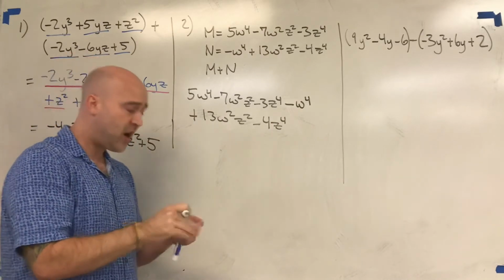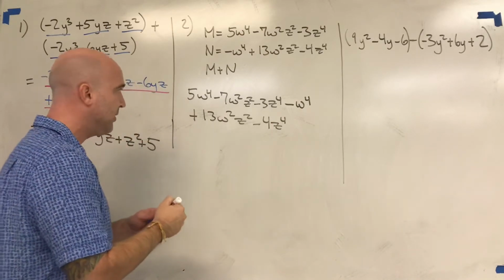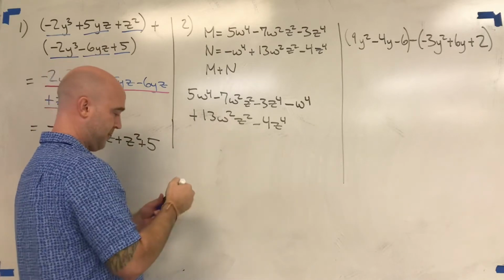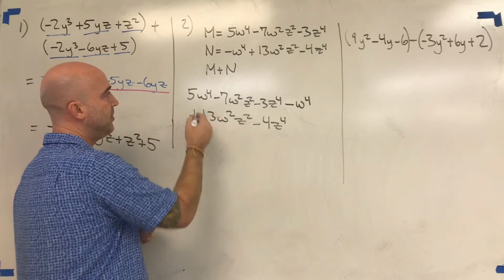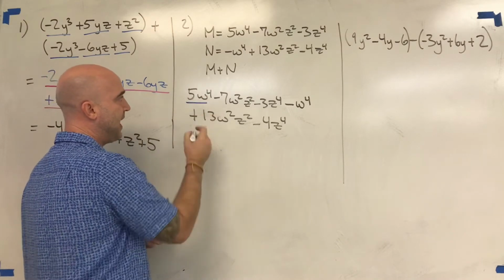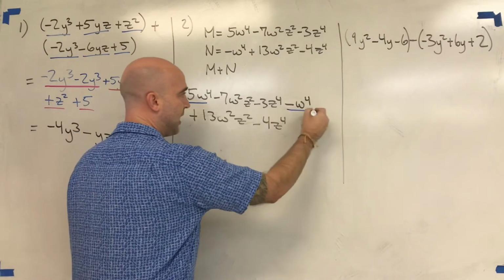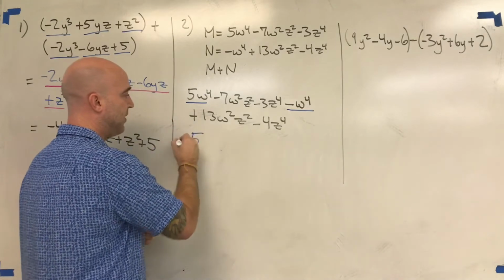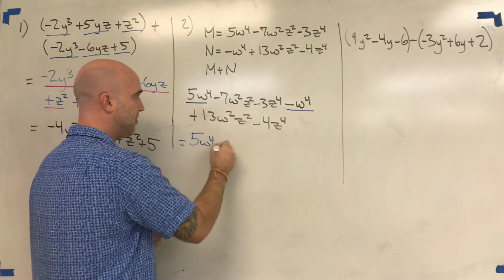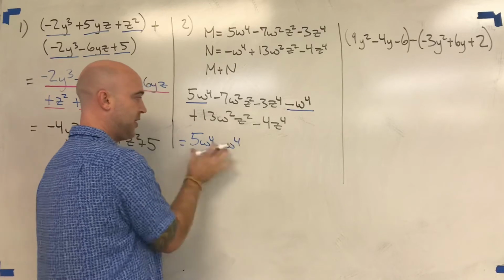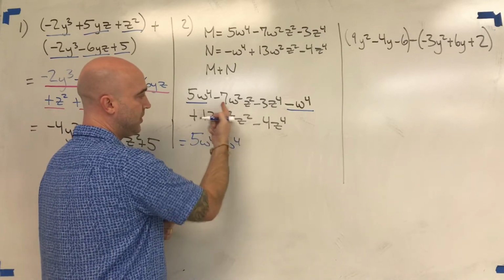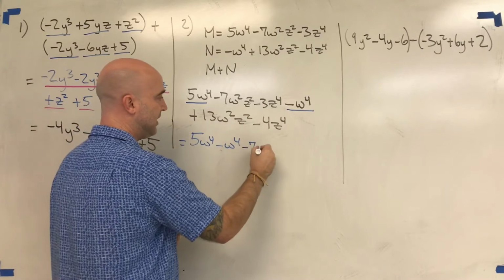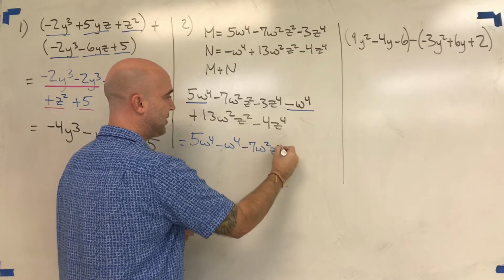Once again, I'll underline things that go together. I'll use this blue again. W fourths: I have a 5w to the 4th and a negative w to the 4th, so I'll group them together. The next one, I'll go in order here. It's this minus 7w squared z squared.